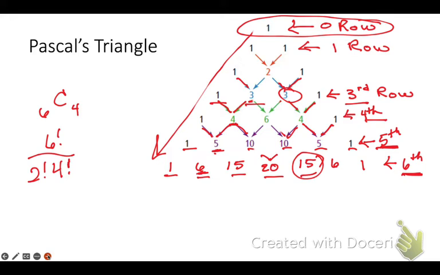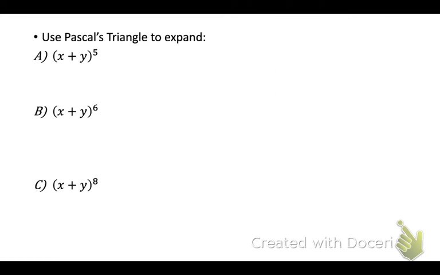Okay. So there's lots of things we can do with it, but what we are going to do is expand polynomials. You should have your Pascal's triangle written in front of you. I can't keep those rows on there, but you can. So what this says, I go x plus y to the 5th. So I need the 5th row.